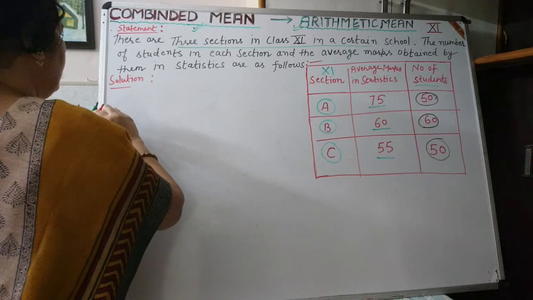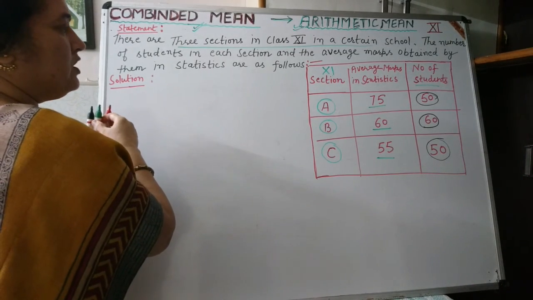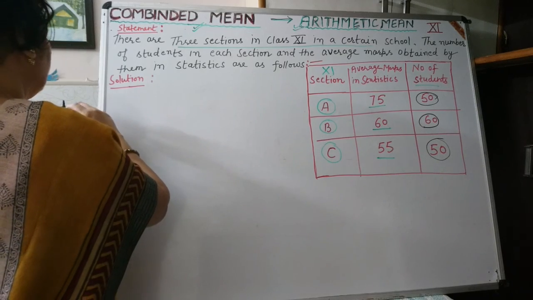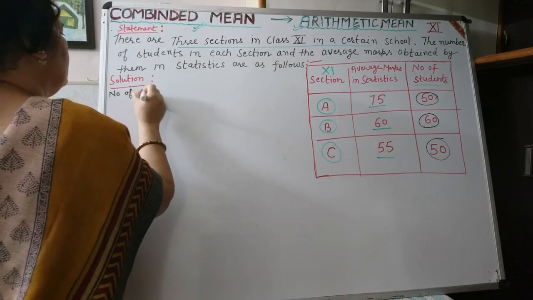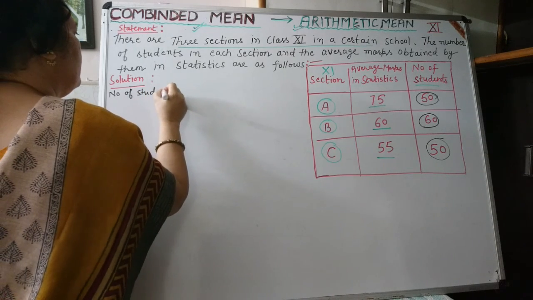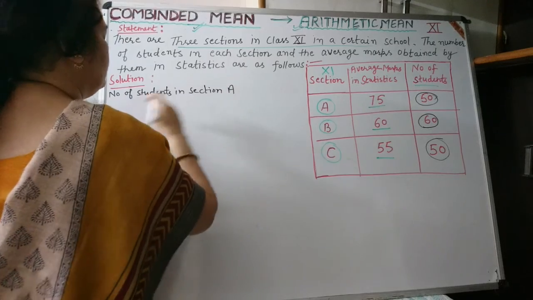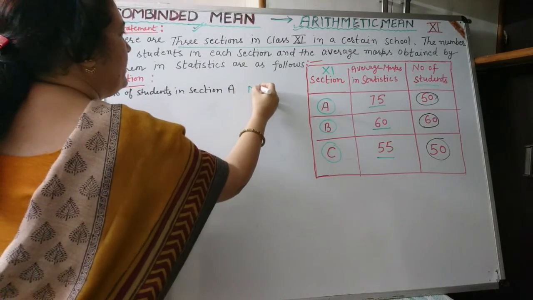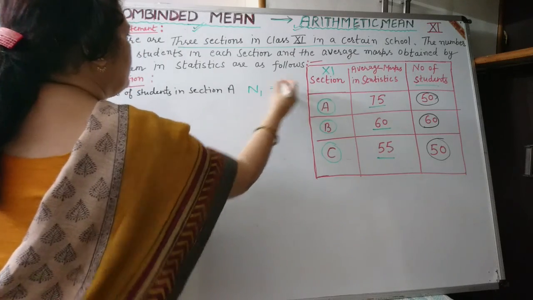First of all, I am writing down the values which are given in the statement. The number of students in section A, which will be denoted by N1, is equal to 50.